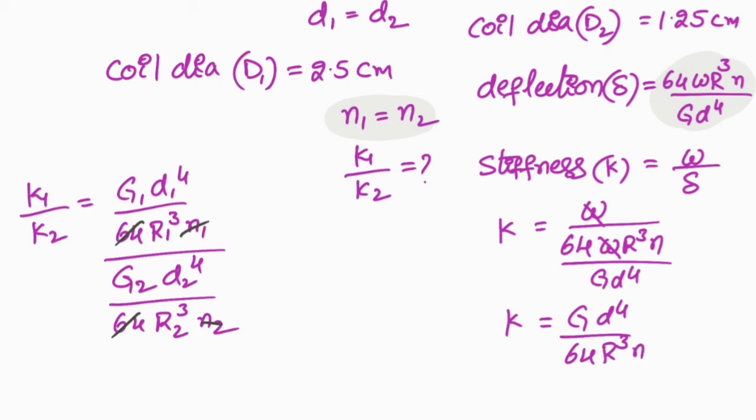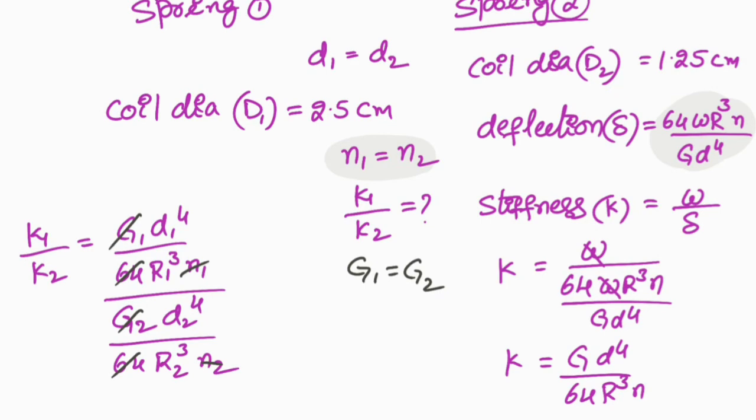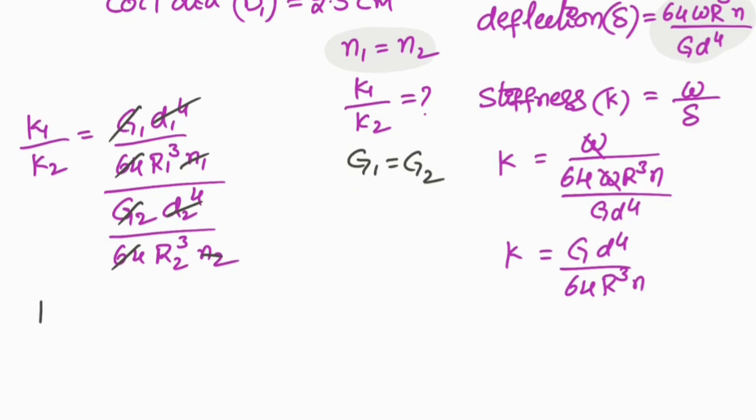Assume both are made with the same material, G1 equals G2, since nothing is given regarding G. And it is given that d1 equals d2, so d1 power 4 and d2 power 4 cancel. Finally K1 by K2 equals R2 by R1 whole cube.